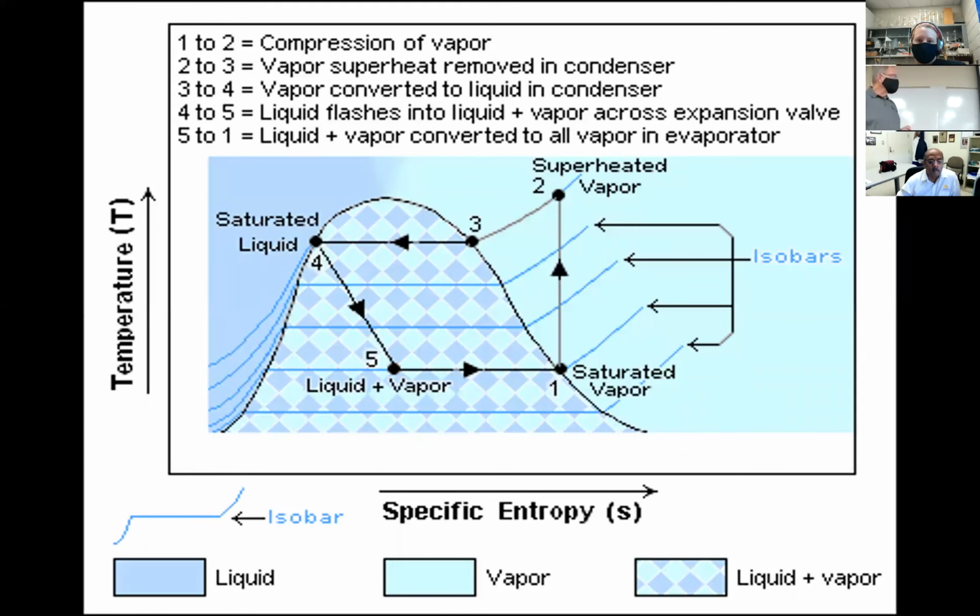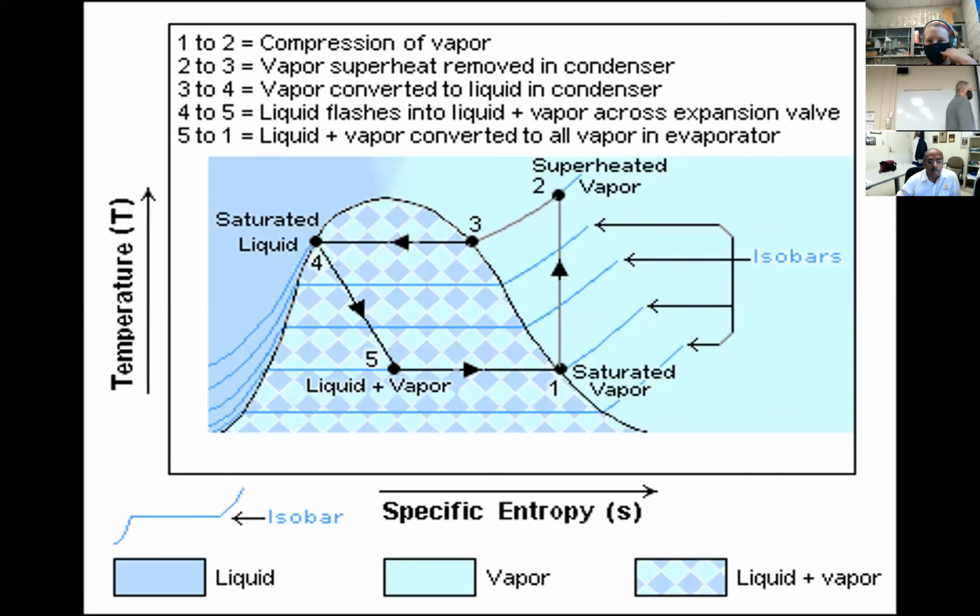This is just a schematic of the impact of temperature on the specific entropy of the system, the variability, the randomness that's going on in there. What you need to take a look at here is just what happens as we flow through the system.